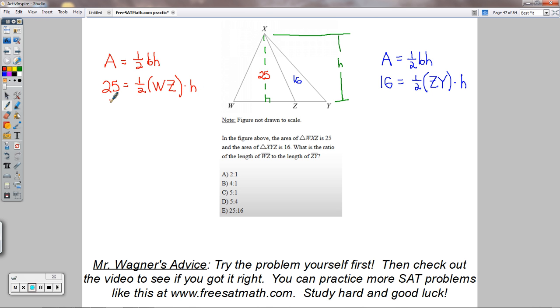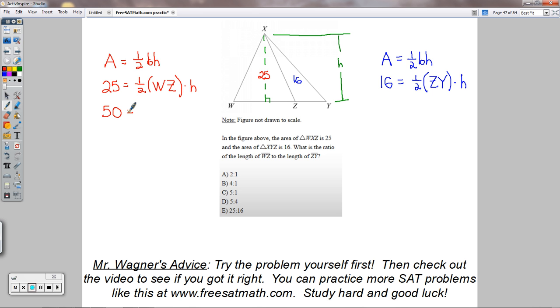You'll notice with a lot of these SAT questions, the math part of the problem isn't that hard. It's just tricky to think about how to set it up sometimes. From here, we can determine what WZ is in terms of H, or what H is in terms of WZ. We'll see what's more beneficial. If I multiply both sides of this equation by 2, I get rid of the 1/2.